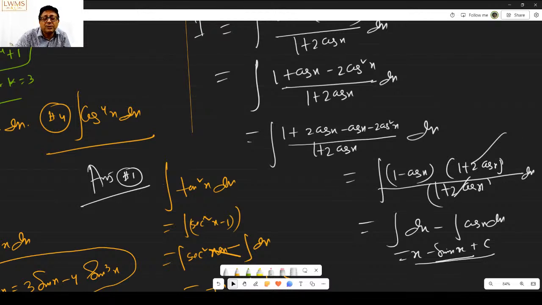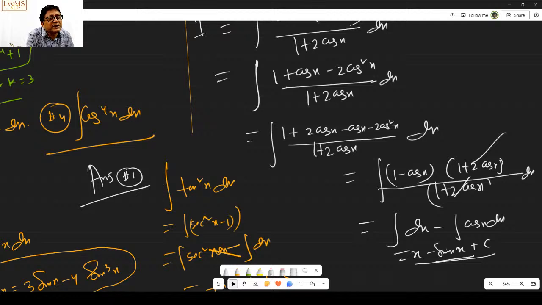If cos square or cos to the power 4 terms arise again, you again apply the rule. So do it for cos to the power 4x now. I am showing you the first step.